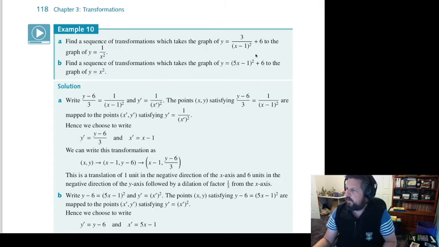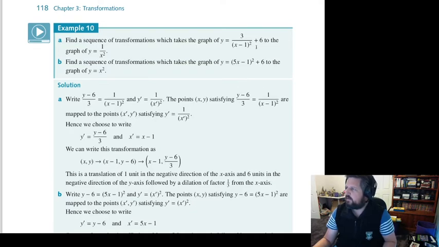For us to work out what sequences are happening, what we need to do is first of all rearrange this so that we're moving the 6 back over to this side. We're taking away 6 and getting rid of this 3 by dividing both sides, or multiplying by a third. That gives us y take away 6 divided by 3 is equal to 1 over x take away 1 squared.